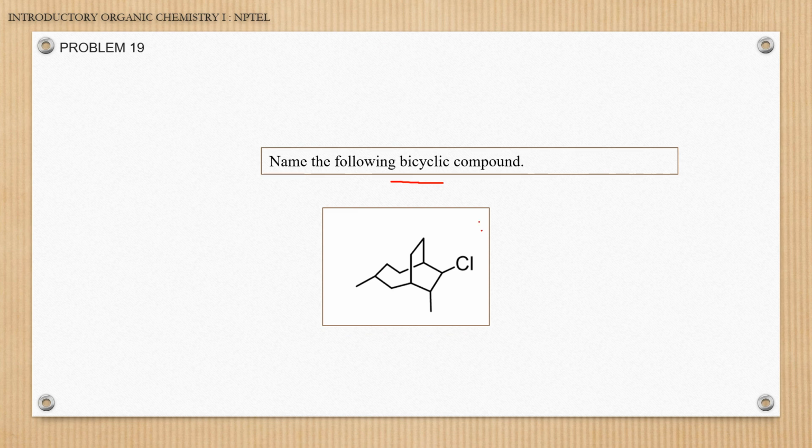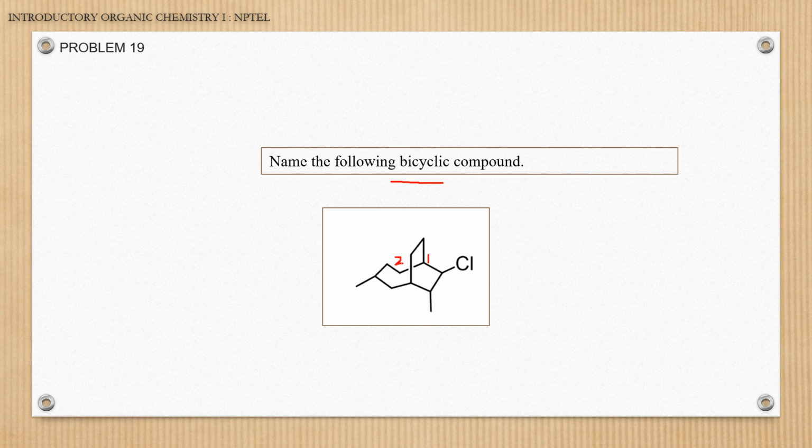So from where will you start the numbering? First of all, number it. The largest ring will get preference regardless of the substituent. Although the other ring has two substituents present, you will have to number this ring first because it has more carbon atoms.